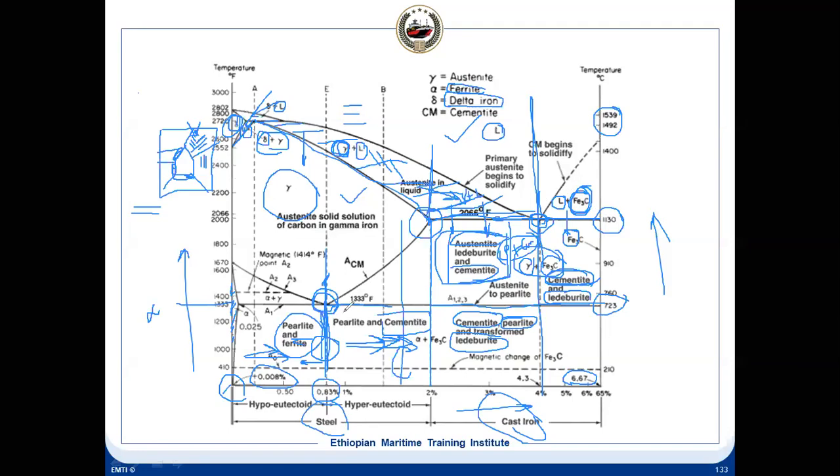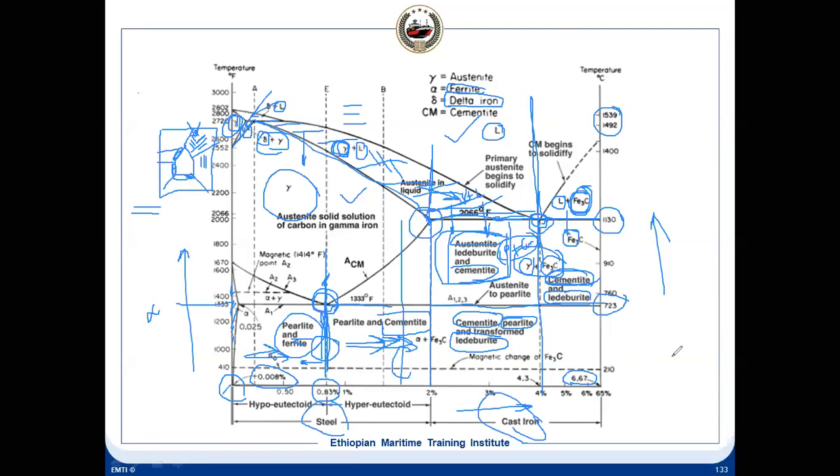And this one is ferromagnetic. Above this is paramagnetic, below this is ferromagnetic. It means above this we don't have magnetism, it will be paramagnetic. Below this line you will find it changes to magnetic property. All of you, is it clear or not, this diagram?